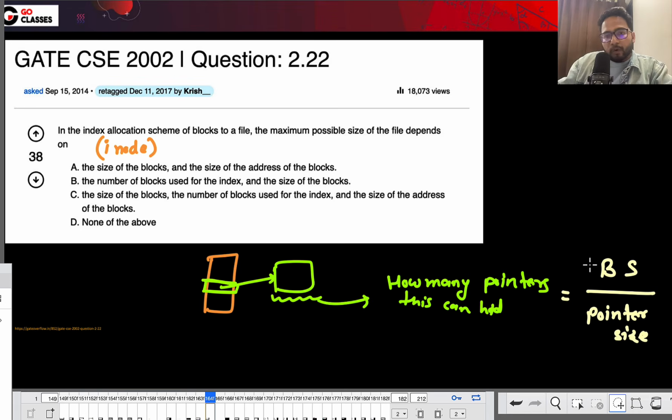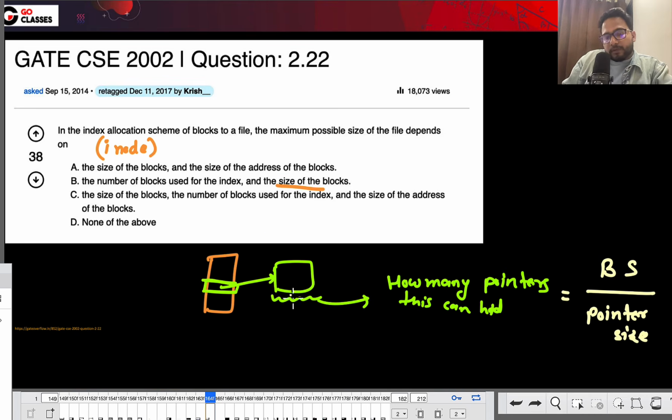Since it is depending on the block size and the pointer size, these are the two things: the number of blocks used for the index, and the size of the block. Size of the block is one thing, and how many index blocks you have, basically how many blocks you are using. Number of blocks that you are using for the index is just one block.